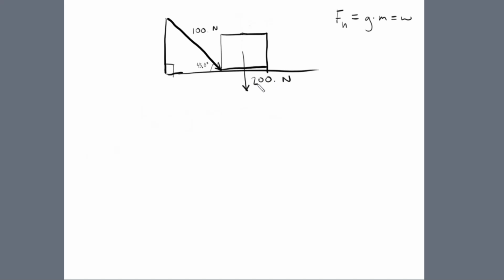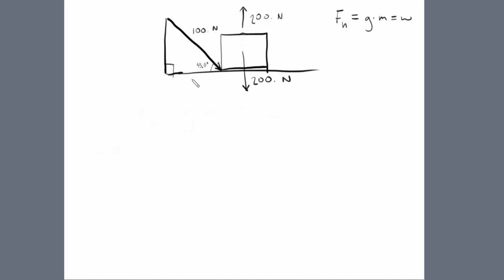In this case, we already know the weight, which is 200 newtons, so we can simply draw out our force normal here of 200 newtons. This goes along well with Newton's third law of motion, which states that every action has an equal and opposite reaction. Here we can see the reaction to this 200 newton force, which is a 200 newton force in the opposite direction.